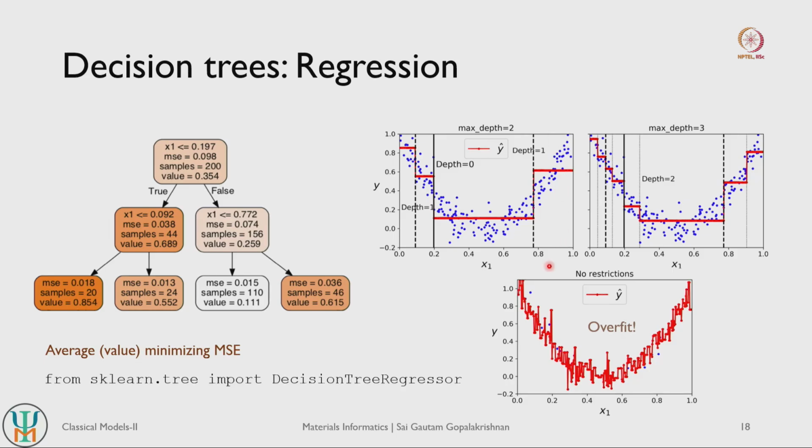Take the example of this collection of data points, a roughly quadratic collection along your x1, so y is probably a roughly quadratic function of x1. What does the decision tree do here? In the root node, when your depth is equal to 0, maybe it tries to create a split along this axis.